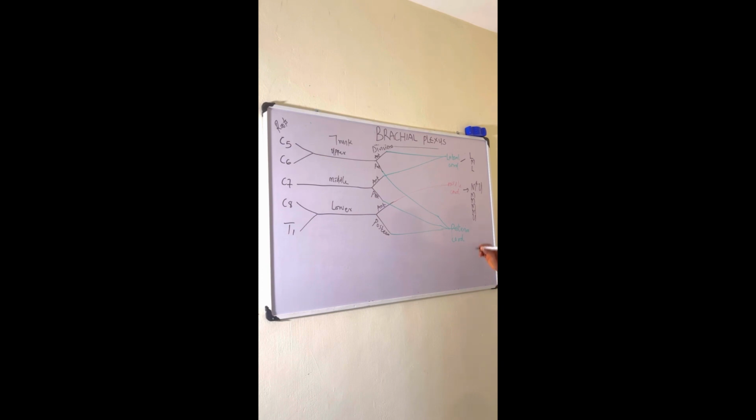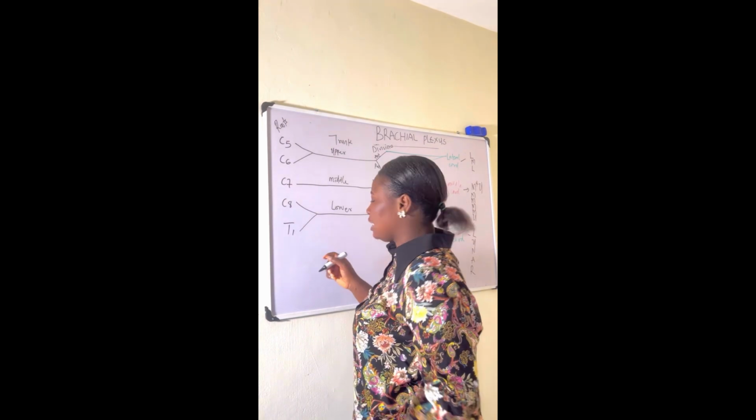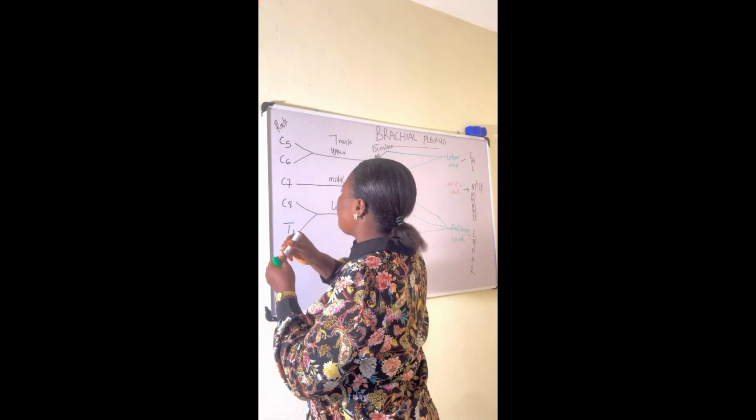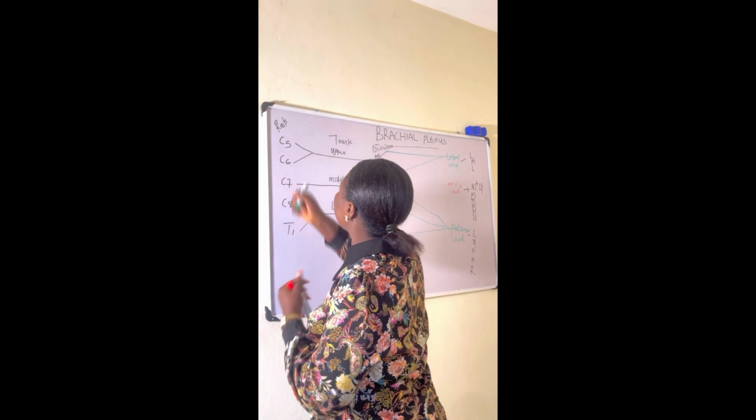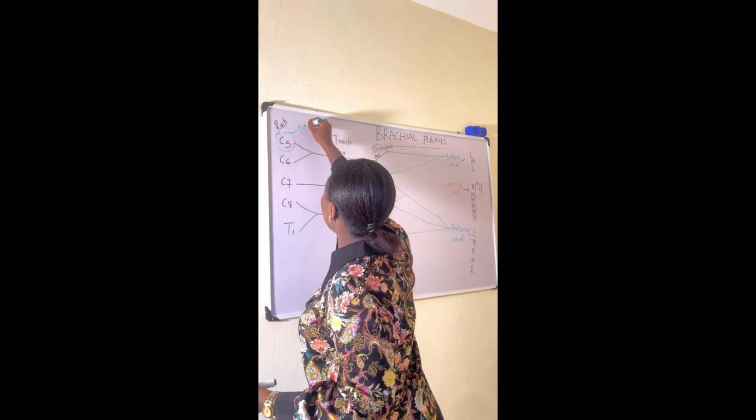Now the posterior cord gives us 5 branches. You can use ULNAR to remember it: the upper subscapular nerve, lower subscapular nerve, the thoracodorsal nerve, the axillary nerve, and the radial nerve.